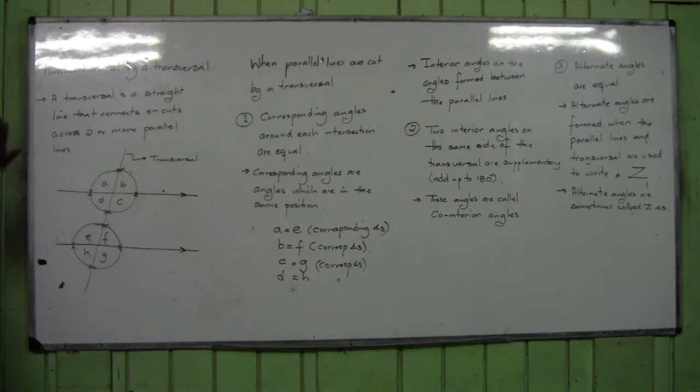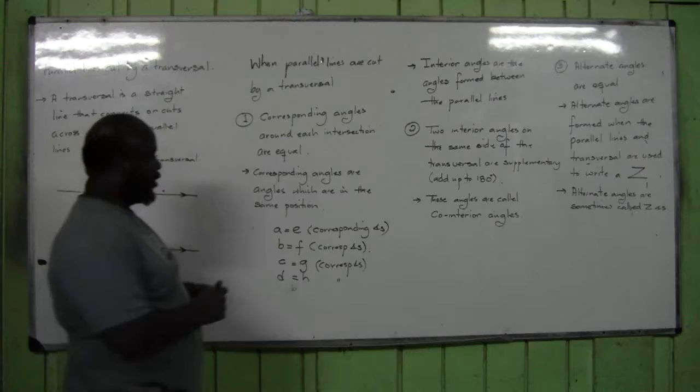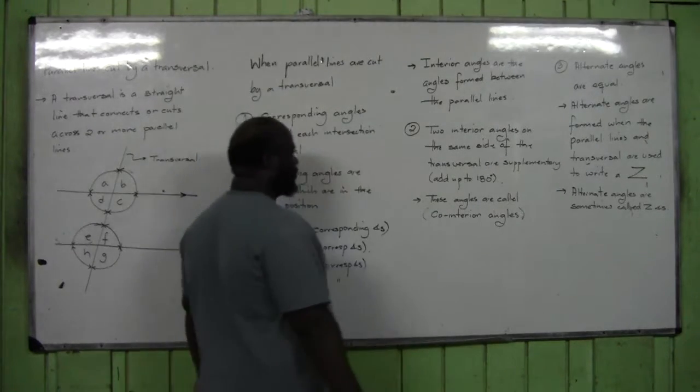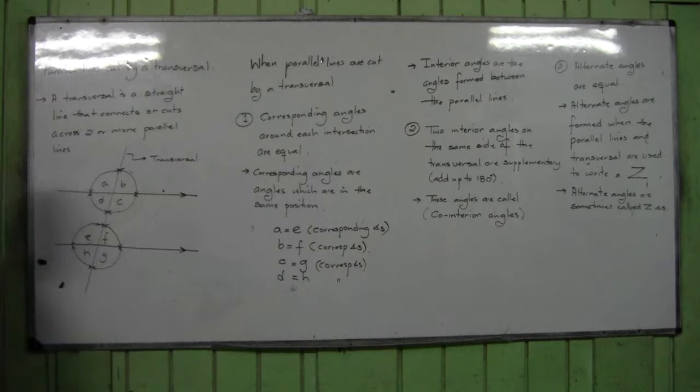Now, two interior angles on the same side of the transversal are supplementary. The word supplementary means they add up to 180 degrees. These two angles are called co-interior angles. D, C, E, and F are interior angles.